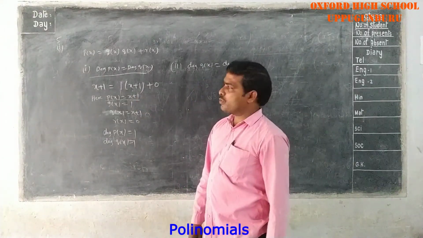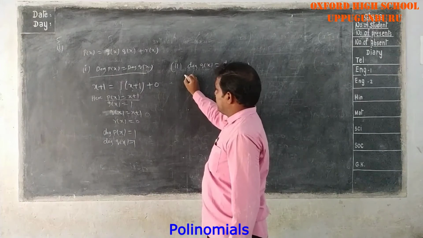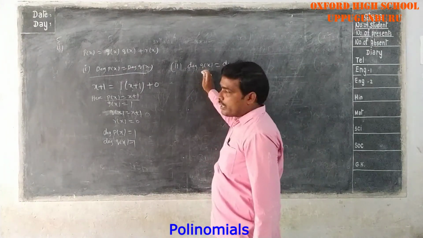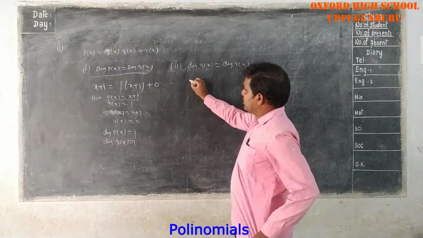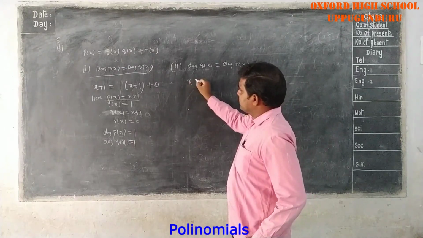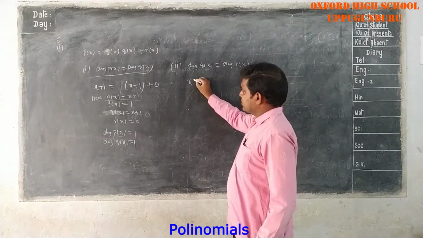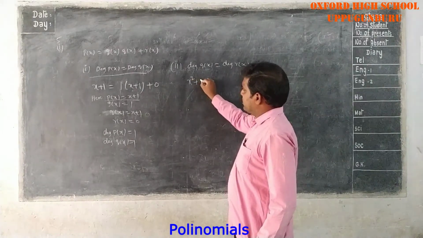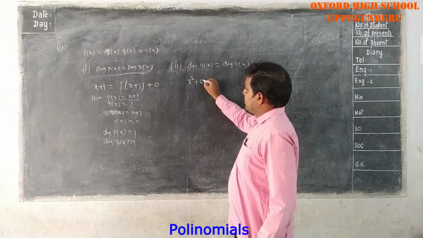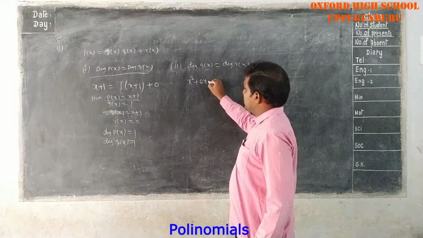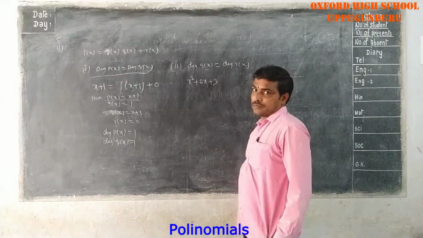See, when you are taking an example like this, p of x equal to x square plus 2x plus 3.